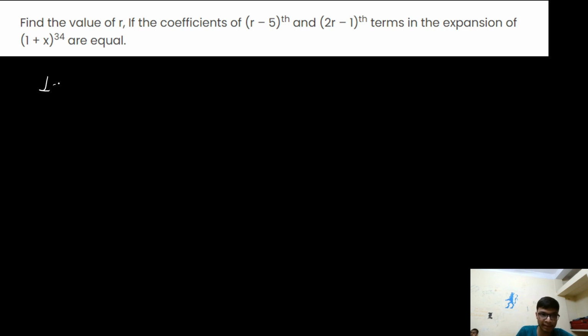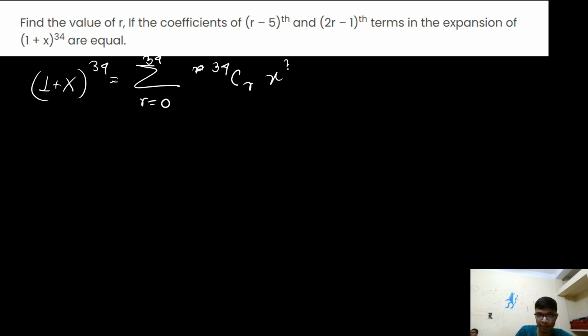So let me write the expansion as given in the question, (1 plus x) to the power 34. If I expand this binomial expansion, we can write this as sigma r equal to 0 up to 34 of 34Cr into x to the power 34 minus r into y to the power r.